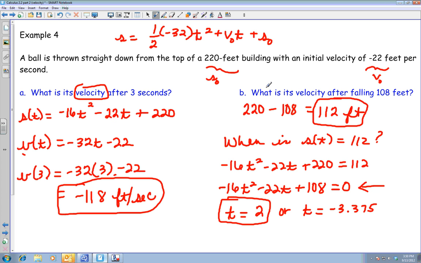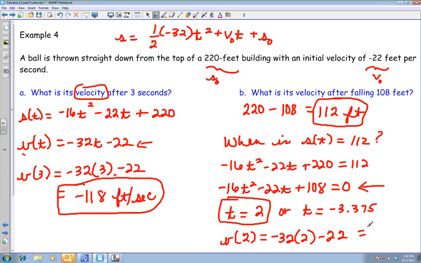Now look and see what they're asking. What is its velocity? 2 seconds is not a velocity, so I'm not done. But I know at 2 seconds, it has fallen 108 feet. So now I'm going to take my velocity equation and plug 2 in. Negative 32t, but my t is 2, minus 22.